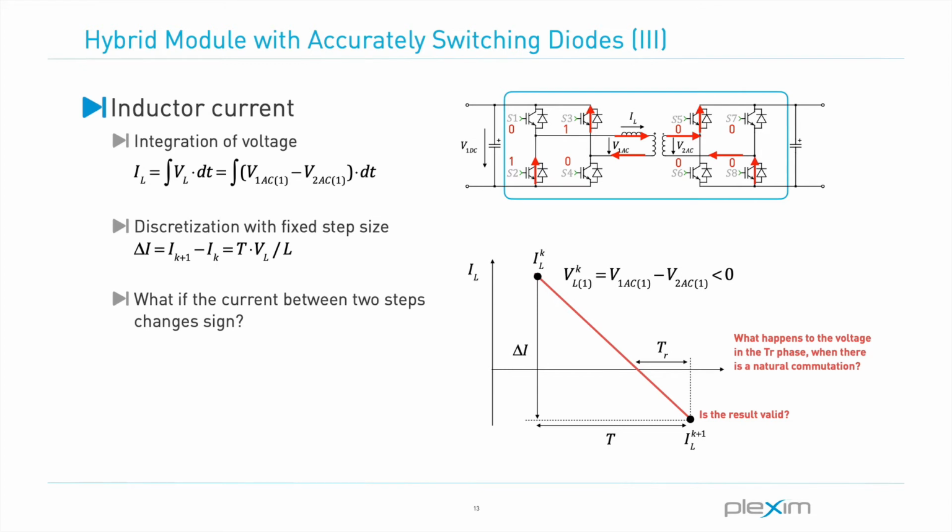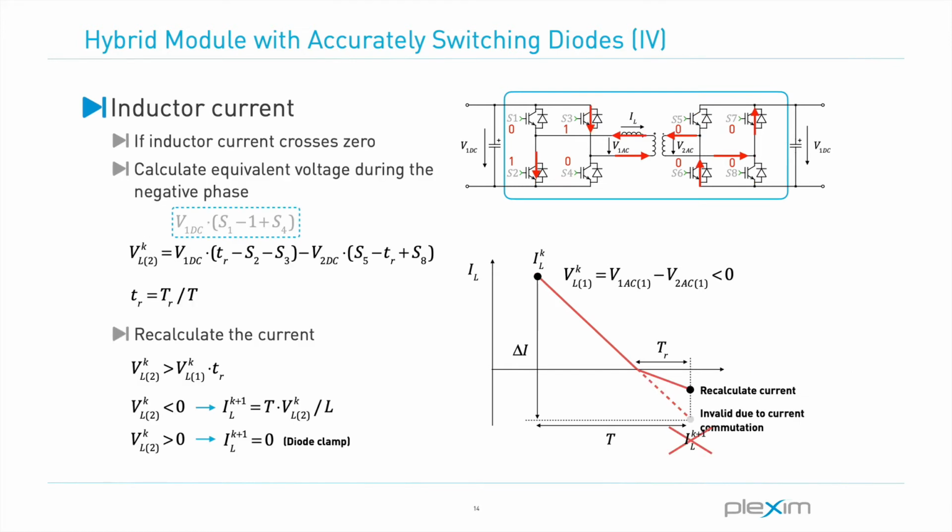That means that the estimated simulation result of IL at the simulation step k+1 is not valid anymore. So this means the current is recalculated by taking into account how long the individual voltages have been applied to the inductor during one simulation step. So basically this means, given here in the graphics, we need to see how the applied voltage over the inductor changes in the phase TR, and how this result needs to be adapted according to this applied voltage.